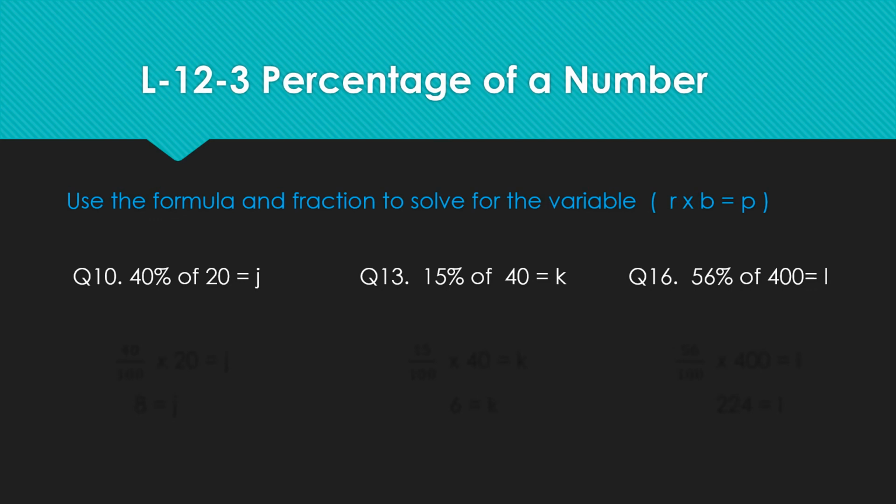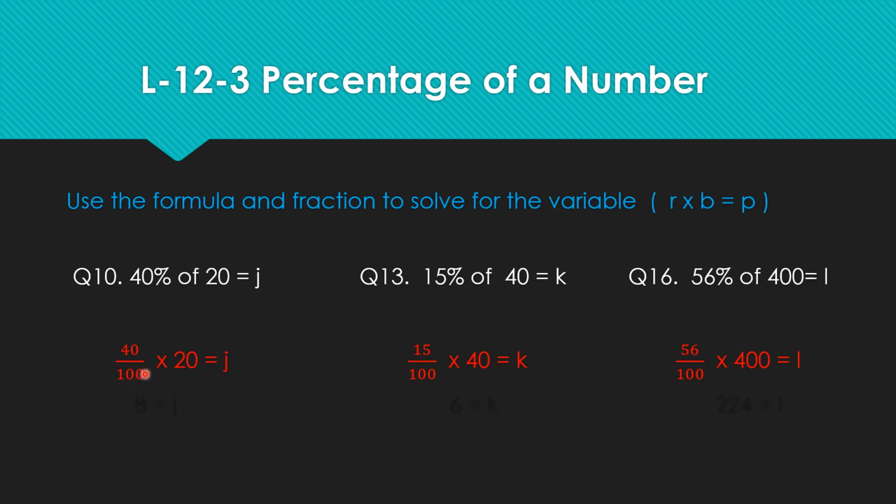It is 56 by 100. You can see 40 by 100 multiplied by 20 is equal to J. 15 by 100 multiplied by 40. 56 by 100 multiplied by 400.